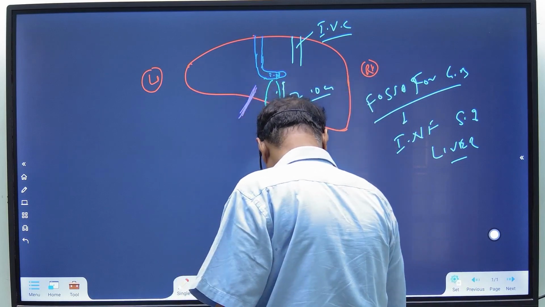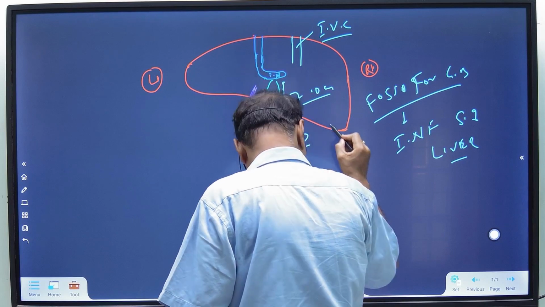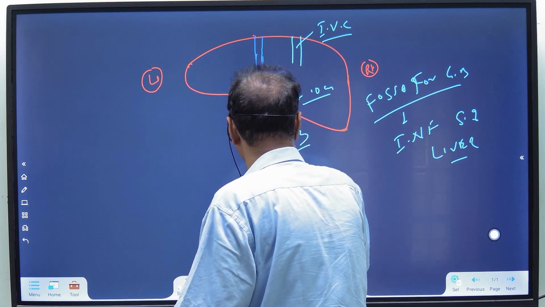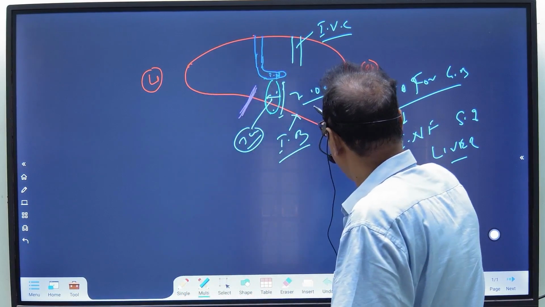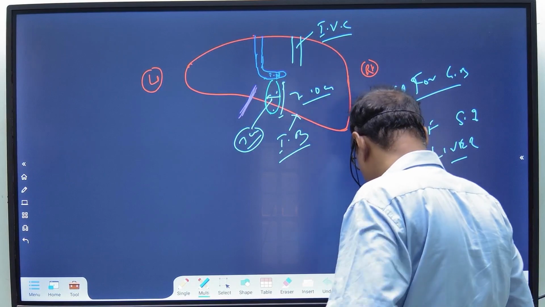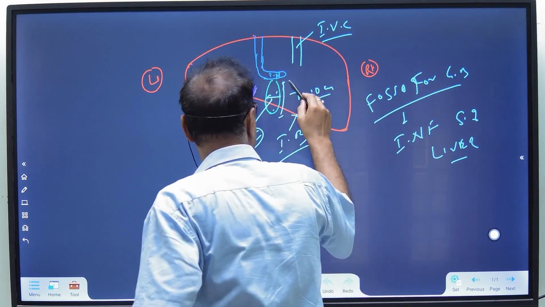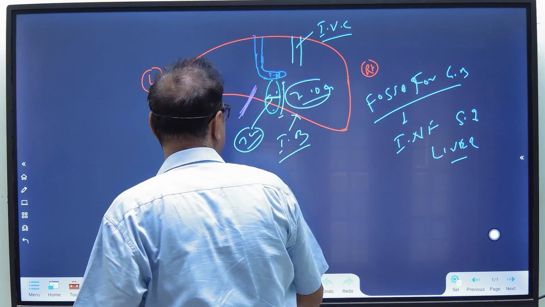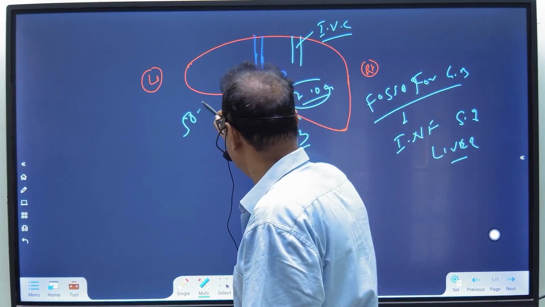And what about the breadth? This one is 3 centimeters broad. The length is 7 to 10 centimeters, and the diameter is 3 centimeters, and its capacity is 50 to 60 ml.